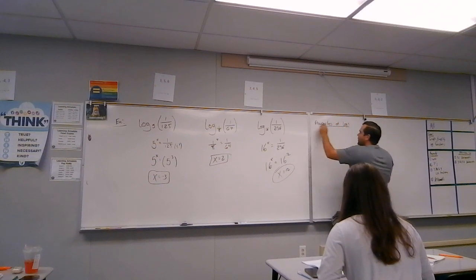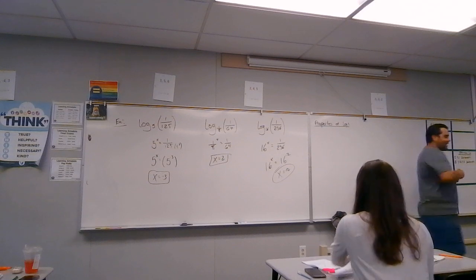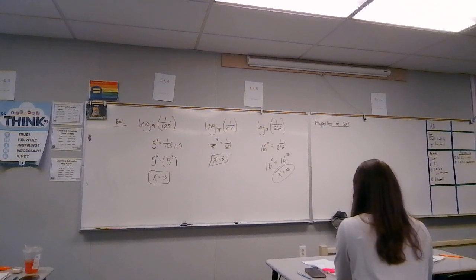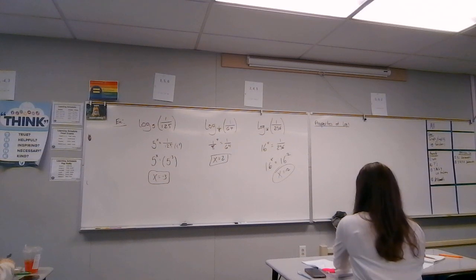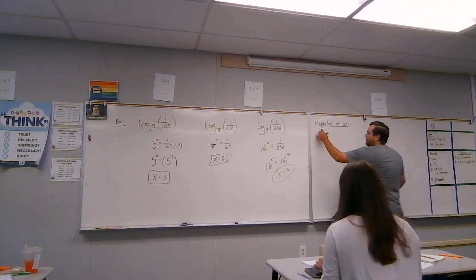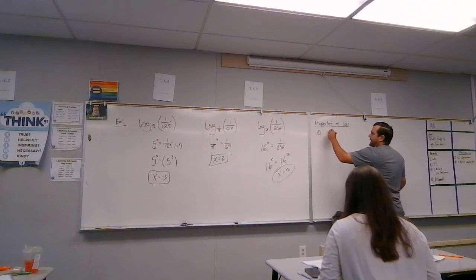Alright. Logs. We're going to wrap this thing up. We're going to talk about expanding and condensing logs. It should be relatively easy. In order to do that, there's a handful of properties we need to remember. The first one is kind of one we already tackled.